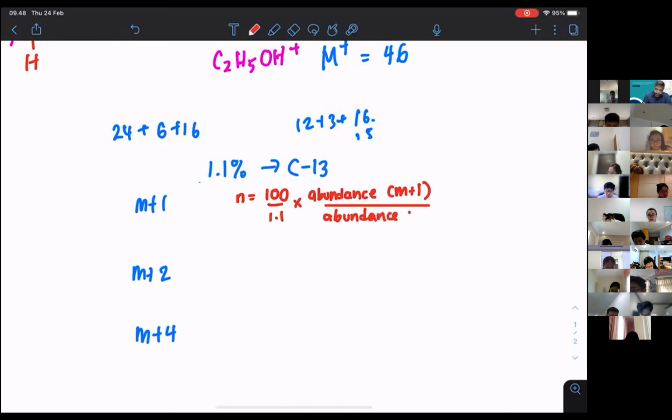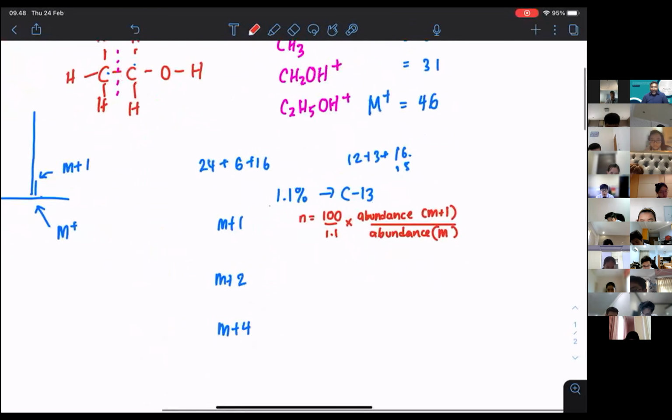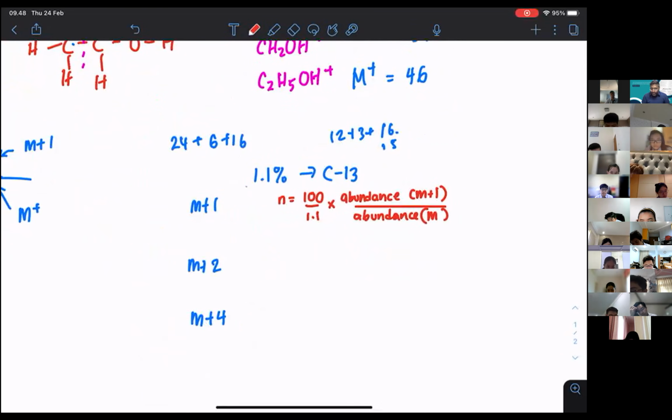Once you use this, you will be able to get the number of carbon in that sample, which is going to be useful for your NMR analysis. Just remember this formula. For that 2 marks, it will save your 12 marks.